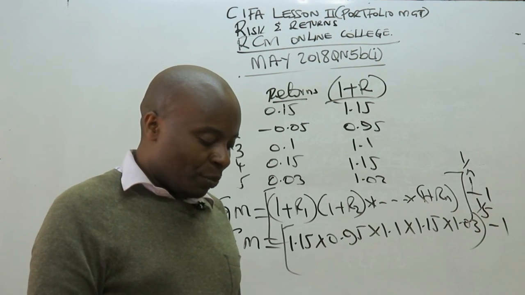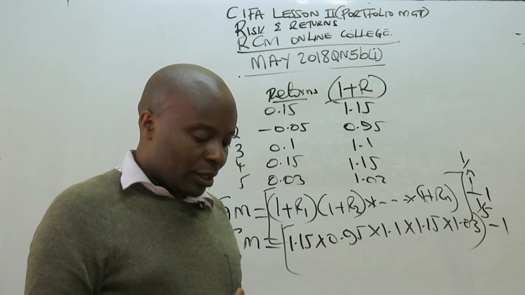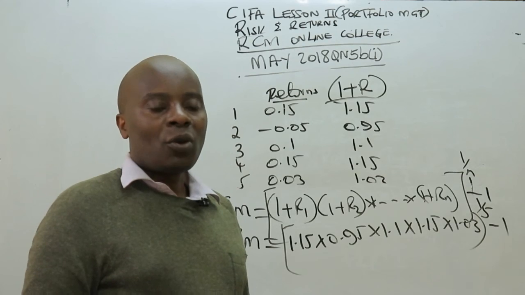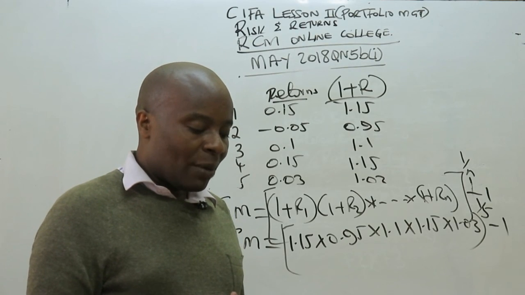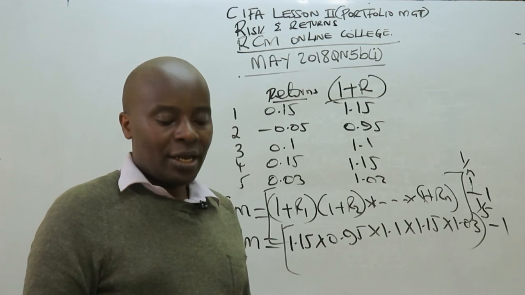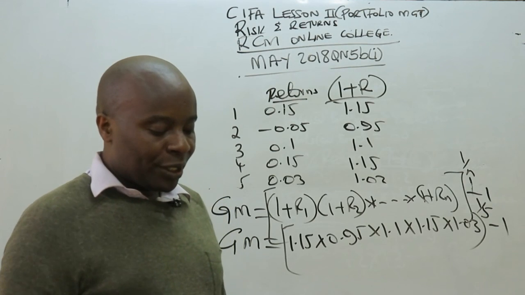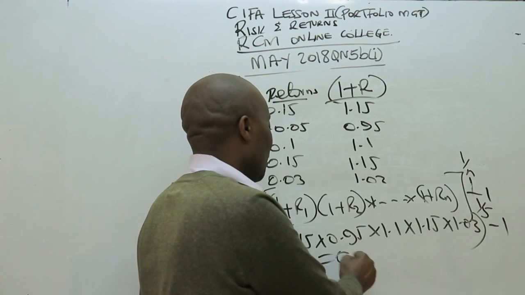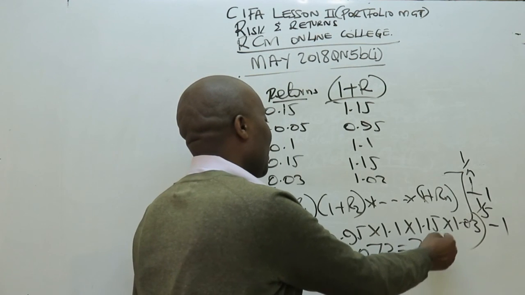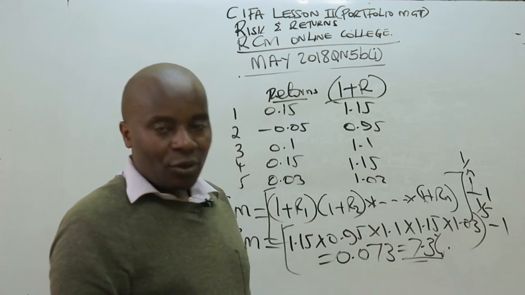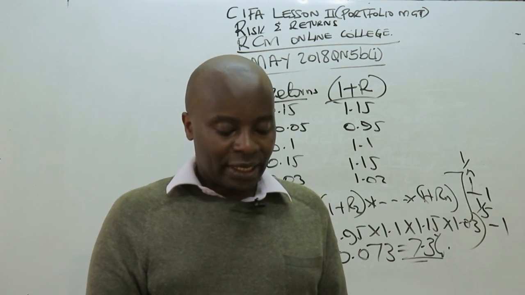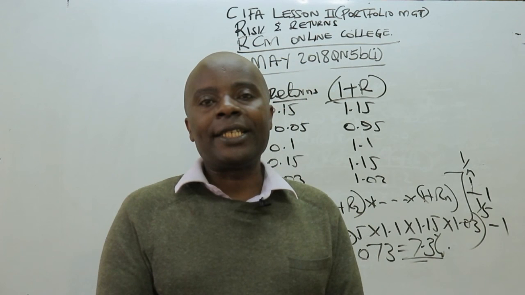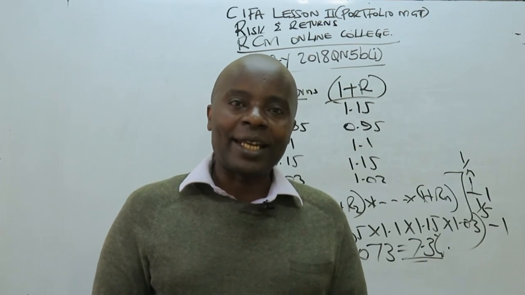You raise it, open brackets, 1 divided by 5, close the bracket, equals whatever I get, and I'll subtract 1. When you subtract 1, you'll see 0.073, which is the same as 7.3%.